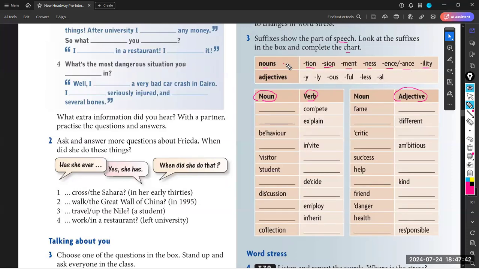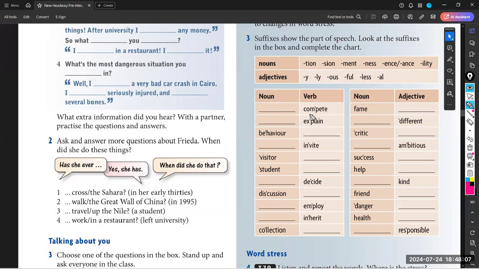This is about nouns. Now, concerning adjectives, we have these suffixes, words that end with Y, L-Y. We have adjectives and adverbs, O-U-S, F-U-L, L-E-S-S, or maybe A-L. So let's check these words. Now we have to check the nouns and the verbs with the same words.